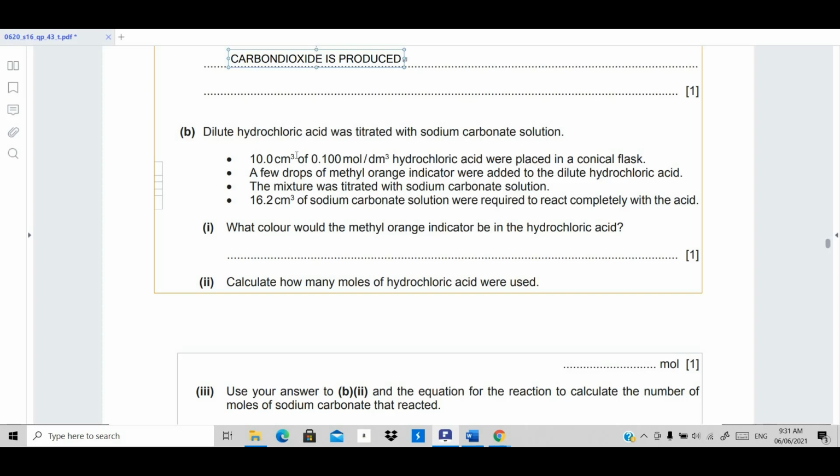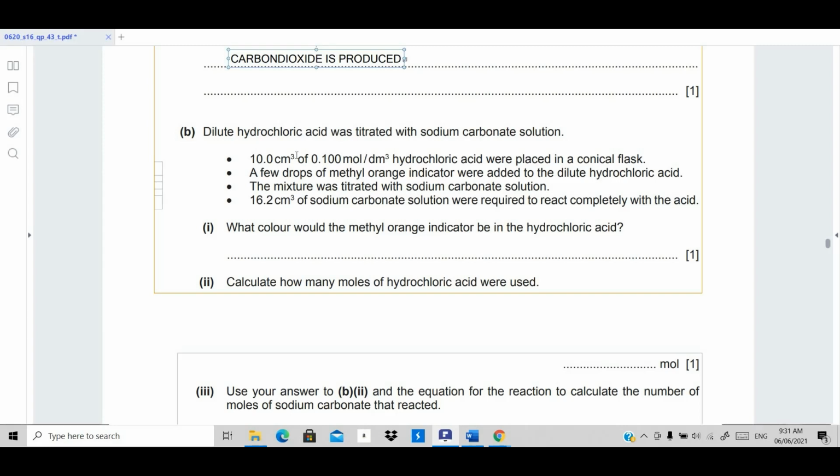So what color would the methyl orange indicator be in the hydrochloric acid? As I said in the previous paper, methyl orange indicator has only two variations: it is red or it is yellow. What happens when it is placed in an alkaline medium, for example potassium hydroxide or another alkali? Alkalis are basically the bases, the group of oxides and hydroxides.